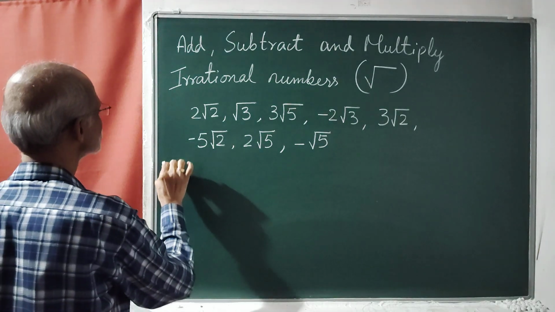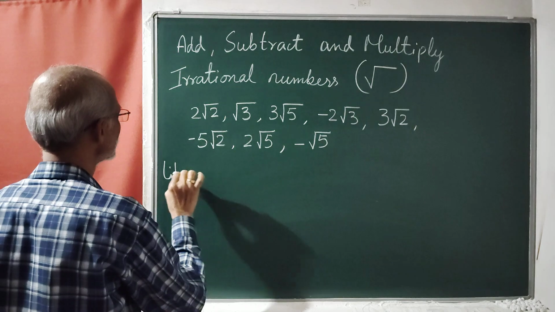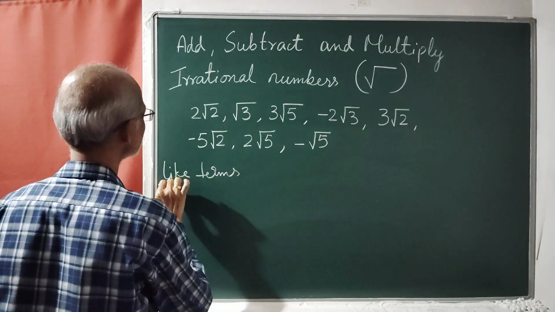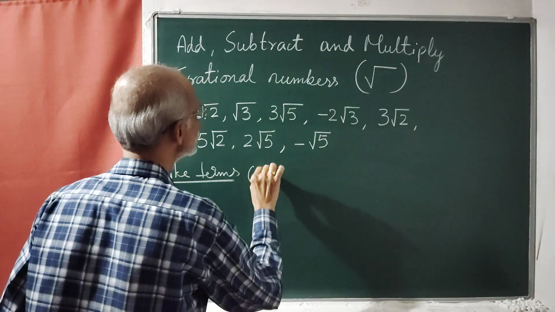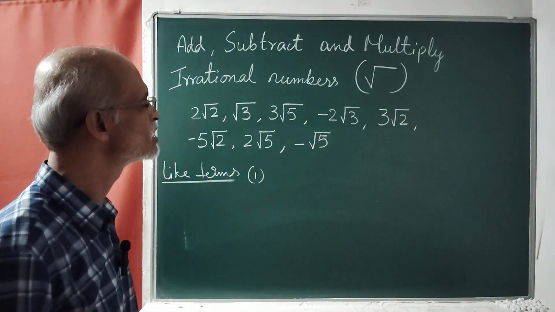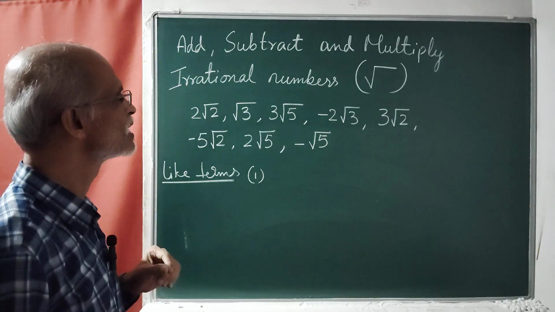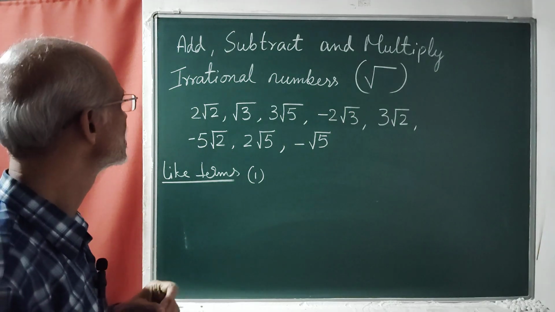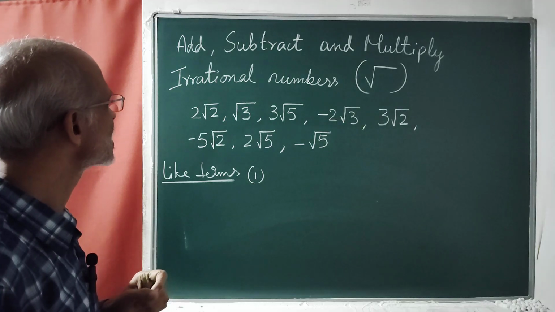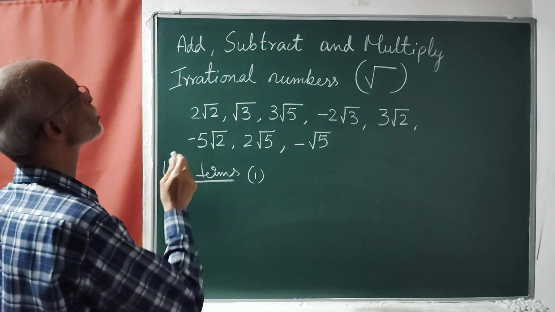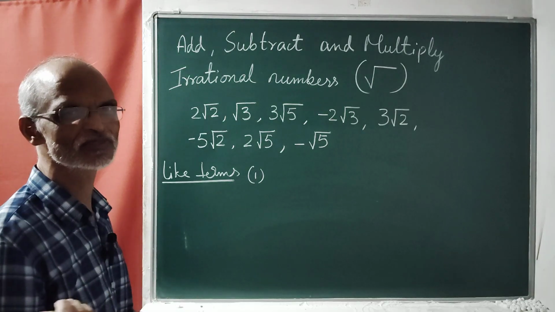The numbers in which the number under root should be same. They are called like terms.